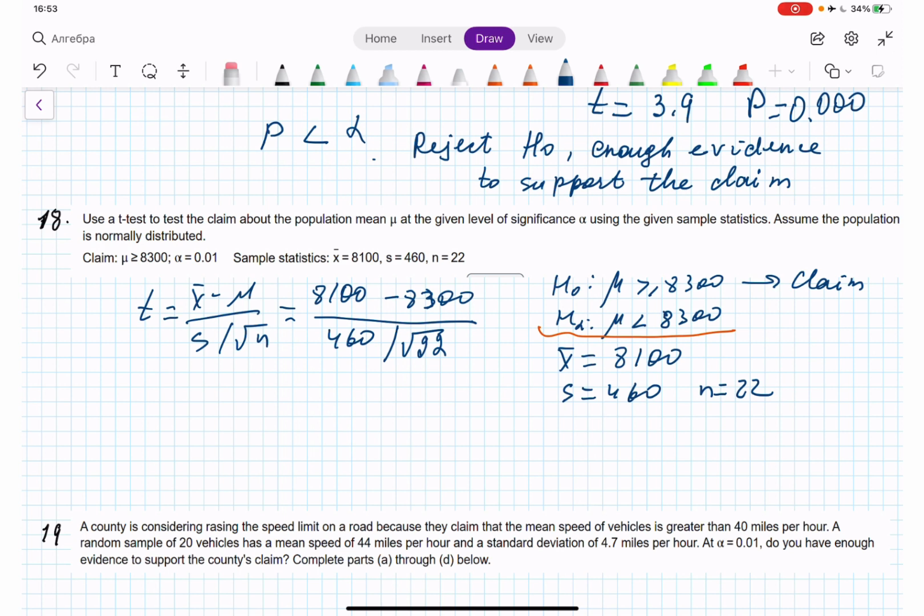What do we get here? Let me see. The square root of 22 is going to be 4.69.